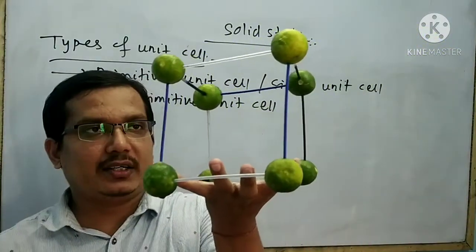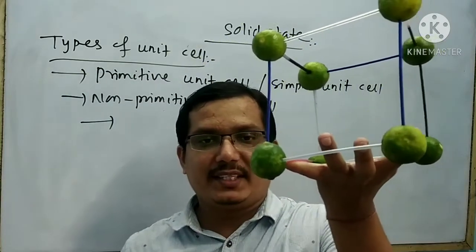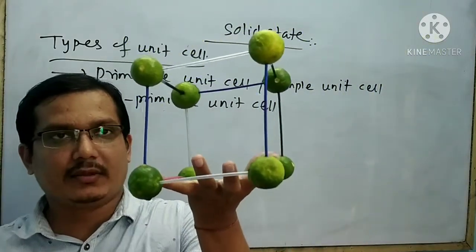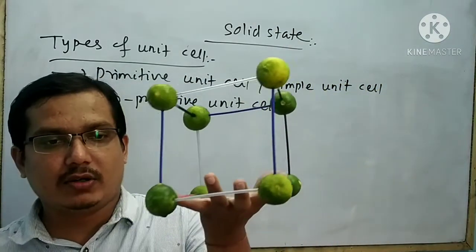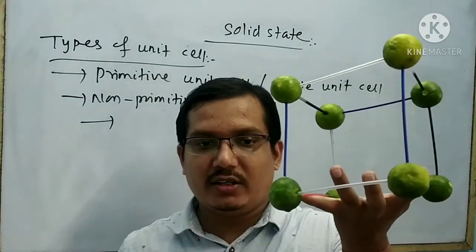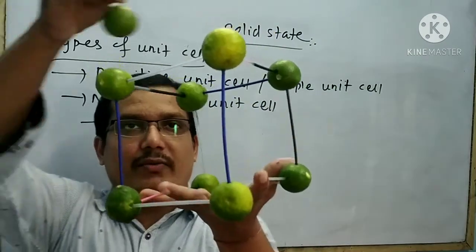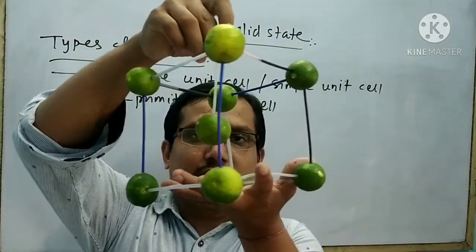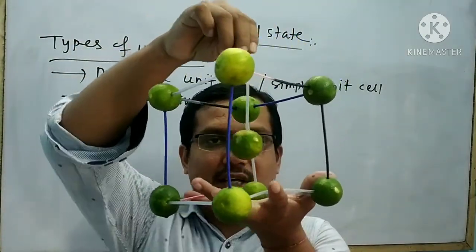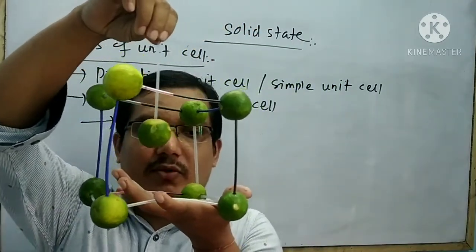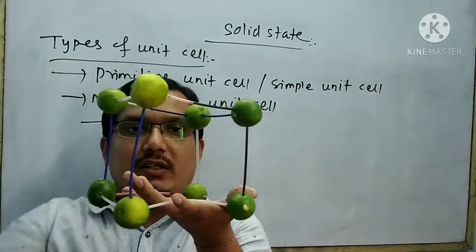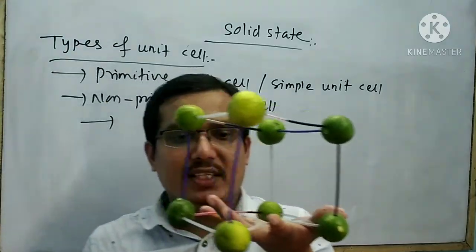Again I will repeat: this is the primitive cell, that is, the simple unit cell. Non-primitive unit cells are of different types. First is the body-centered cubic unit cell: when an extra constituent particle is present at the center of the body, such a unit cell is considered body-centered cubic. Similarly, what is a face-centered cubic?